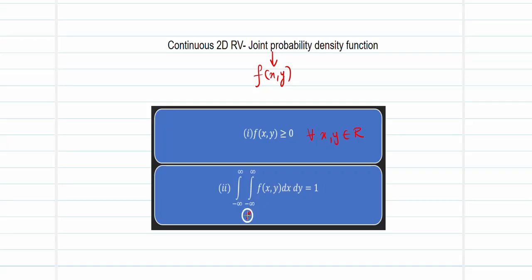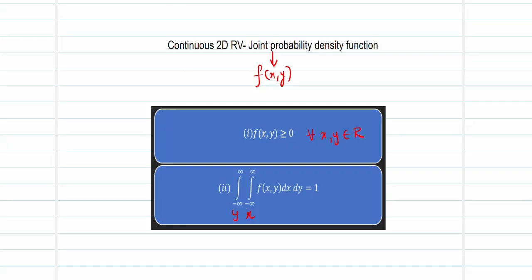Now the first integration is for x, the second integration is for y. So whatever quantity we have defined for one variable, the same concept we have now just extended for one more variable. And we call it by the name joint probability mass function and joint probability density function. I hope that the extension from 1 to 2 dimensions is clear from these two definitions.